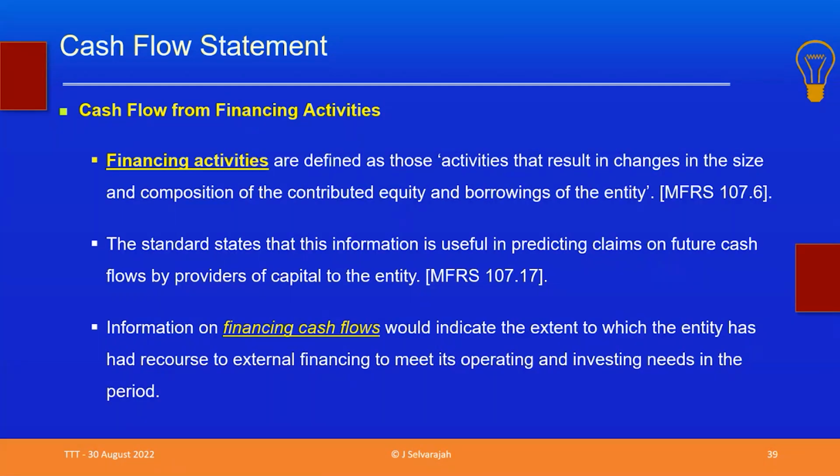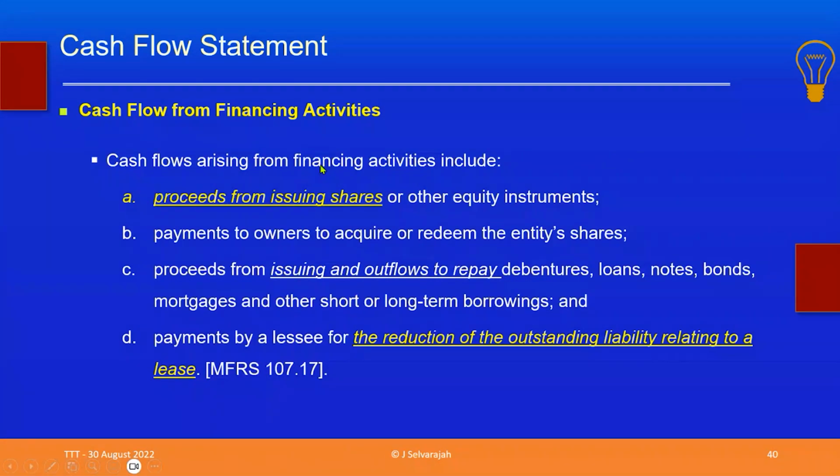Moving on to the next slide, cash flow from financing activities includes the following. Any shares that we issue to the shareholders, proceeds from the issuing of shares, and from the issuance of other equity instruments like preference shares, redeemable preference shares, RCPS, which is redeemable convertible preference shares.